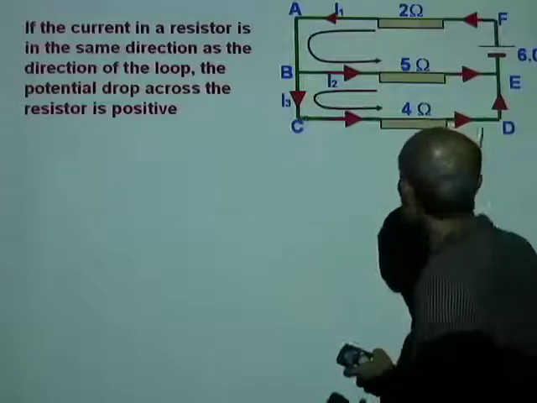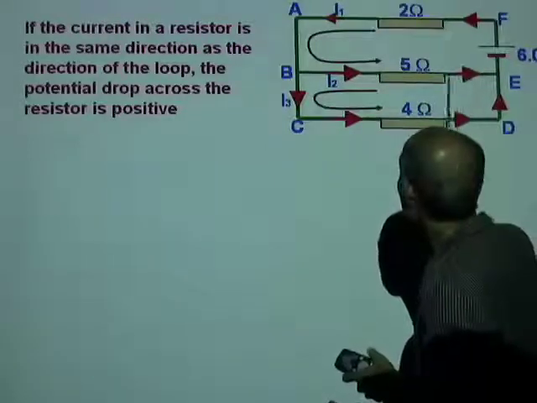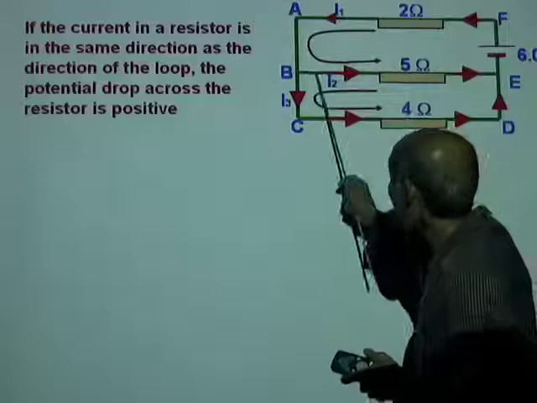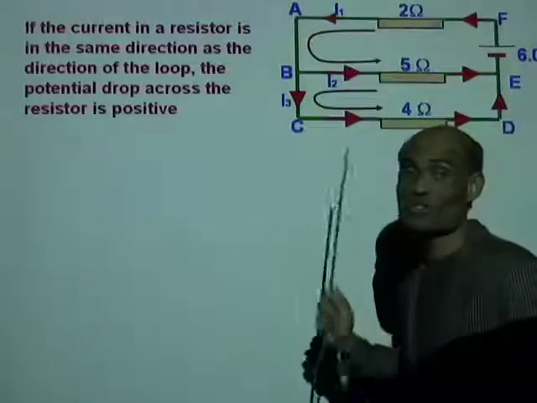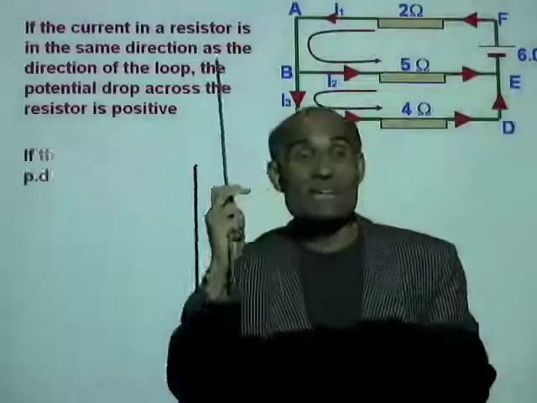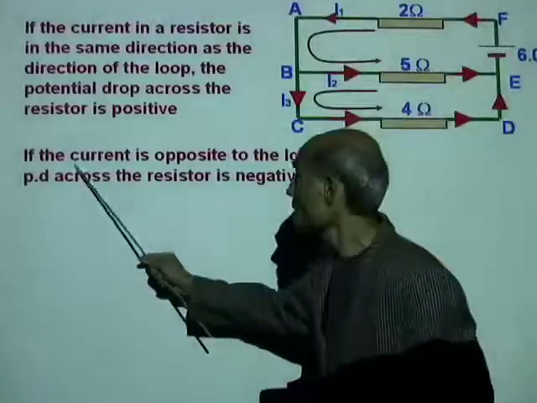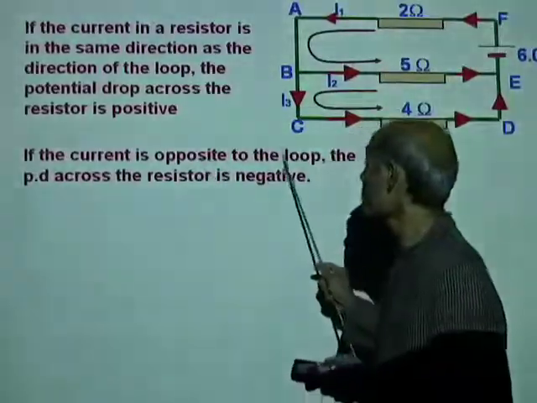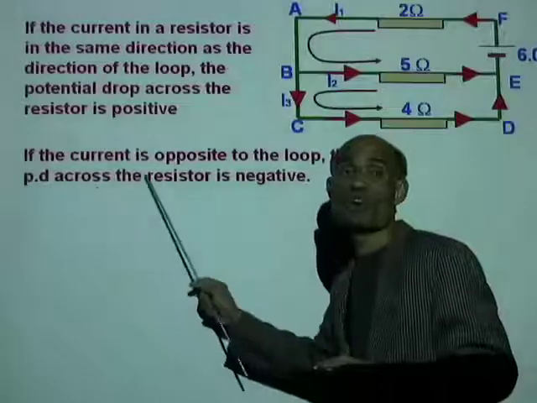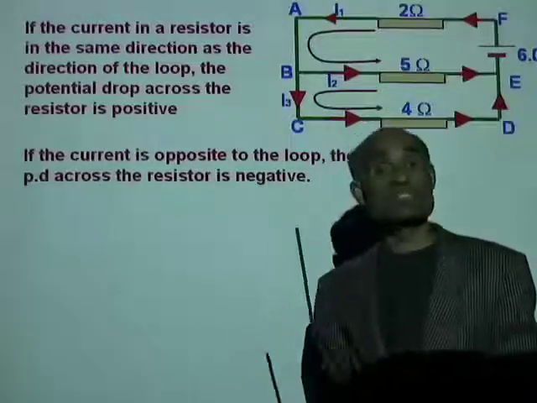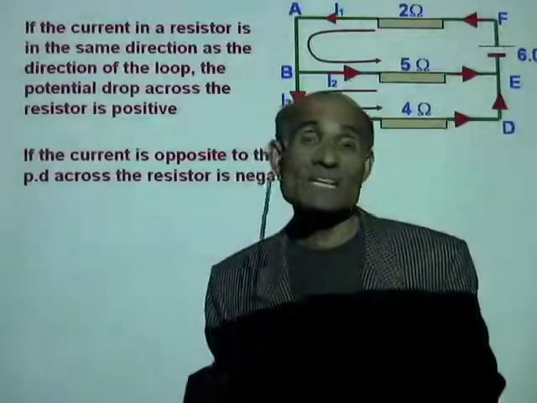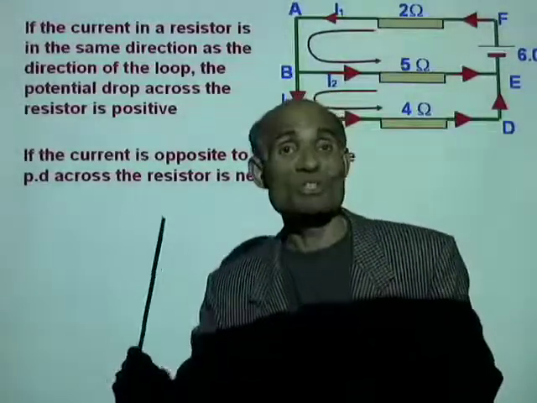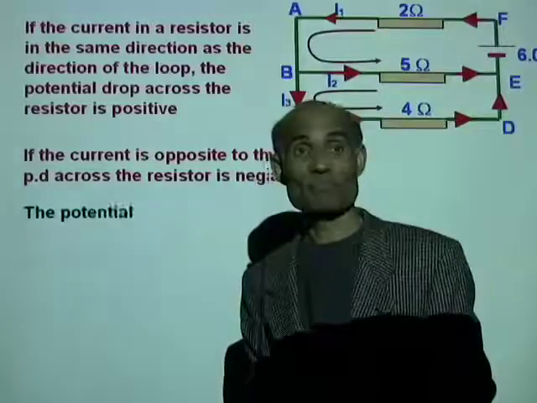On the other hand, the direction of tracing of the loop is opposite to the direction of current in the 5 ohm. The potential drop in the 5 ohm is negative. If the current is opposite to the loop, the potential drop in the resistor is negative. And that is how you assign the sign of the potential drop across a resistor.